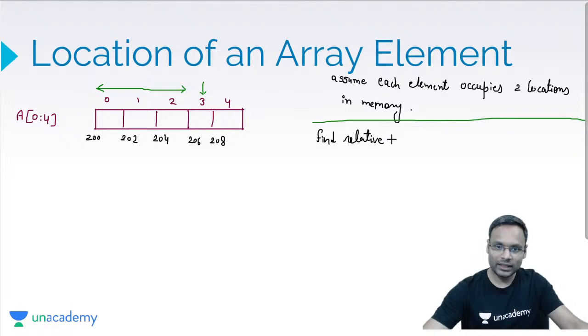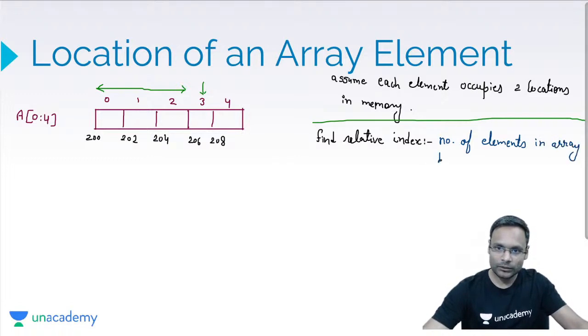And what is relative index? Relative index is the number of elements in the array before the element, whichever element for which we are calculating the relative index.